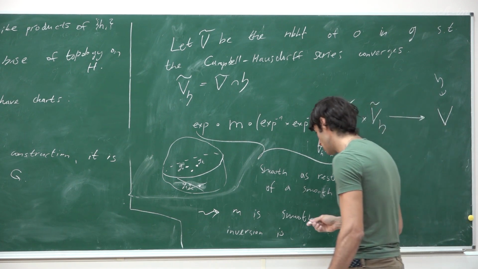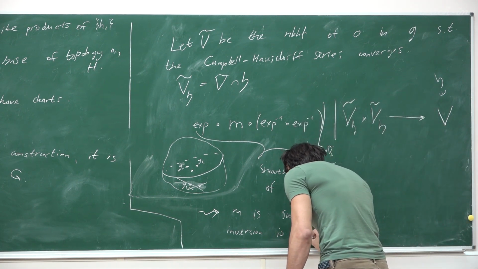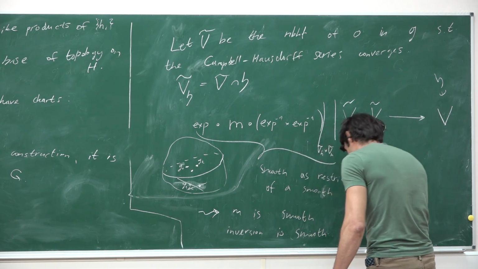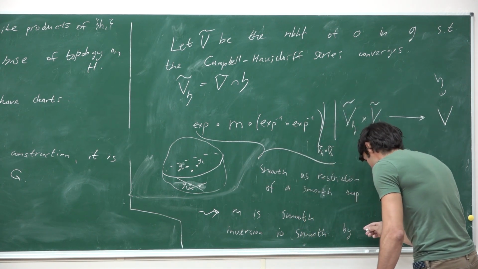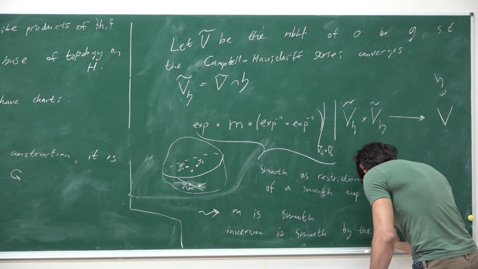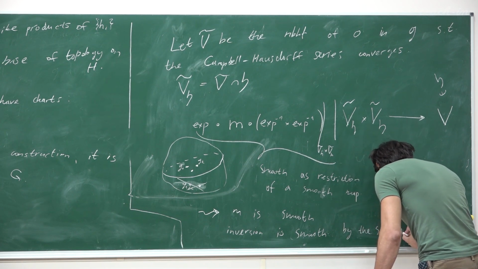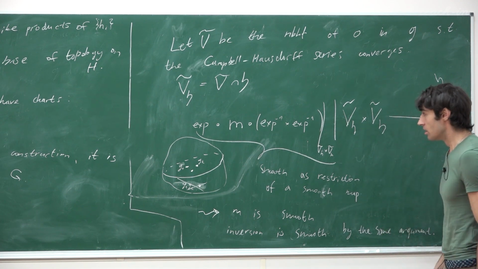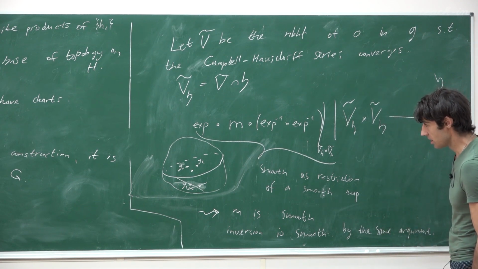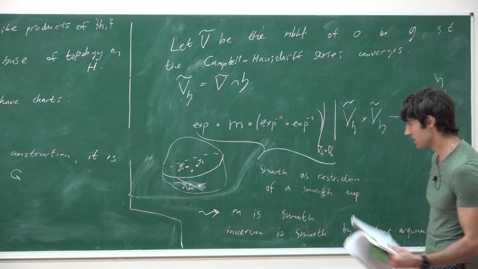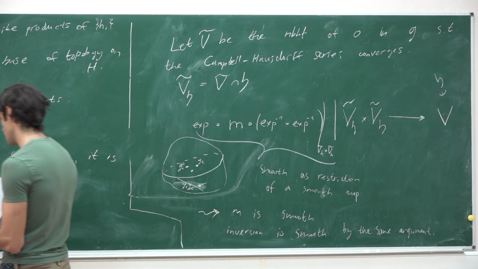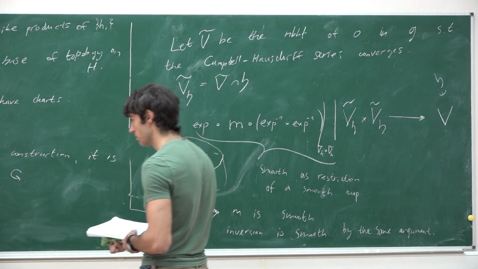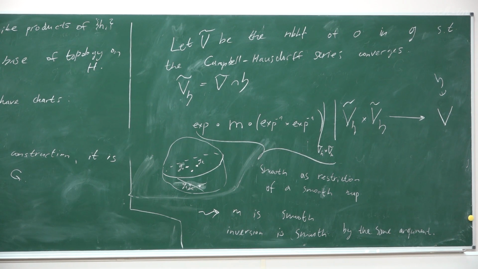So inversion is smooth by the same argument, but you don't even need Campbell-Hausdorff. Okay, and then it means that H is a Lie group. So we convinced ourselves of statement 4.